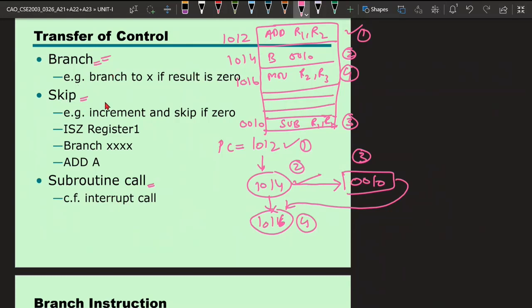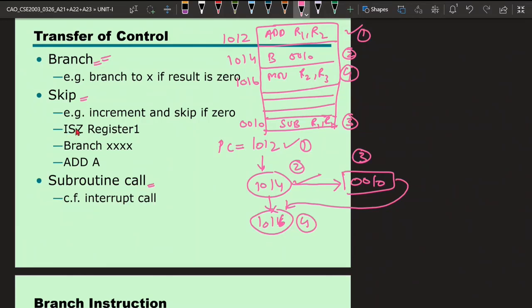Skip instruction is there. Here it says increment and skip if 0. So some conditions will be there. If skip is there, we will be making a condition like increase and skip if 0. If a particular register or a particular condition is 0, then skip the content. ISZ register 1: its meaning is skip instruction if 0.